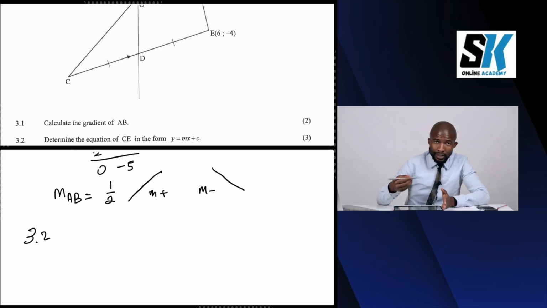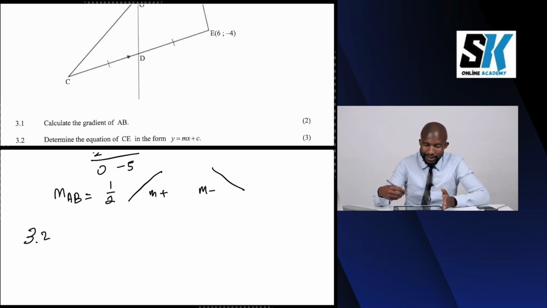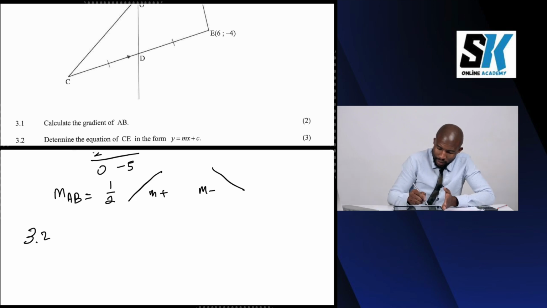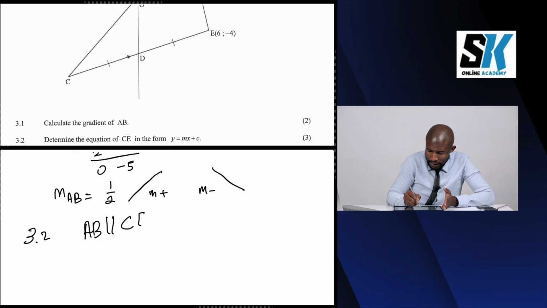We know that parallel lines have equal gradients. So since AB is parallel to CE, the gradient of AB will be equal to the gradient of CE, which is going to be a half.